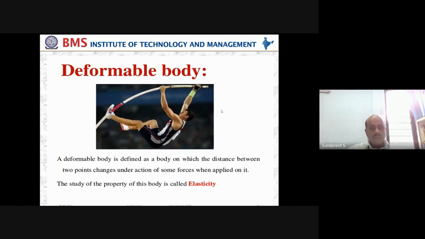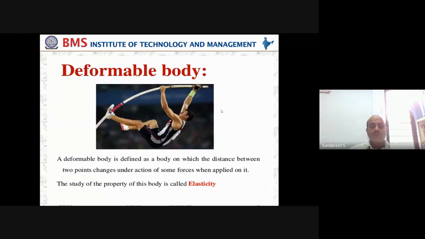So in the last class, I think we just started with the concept of stress, and also I discussed some of the mechanical properties of materials. We discussed the definitions of different mechanical properties, like strength, elasticity, plasticity, as well as toughness, resilience, malleability, ductility.